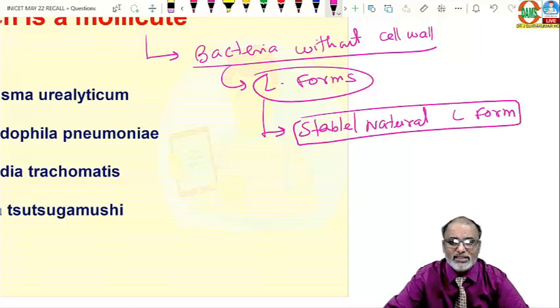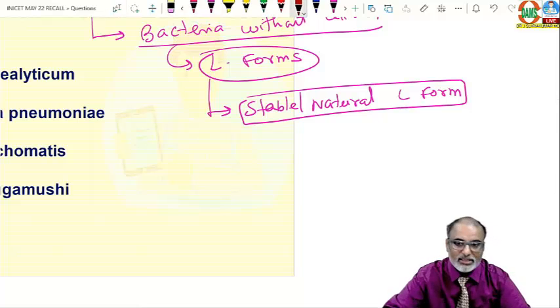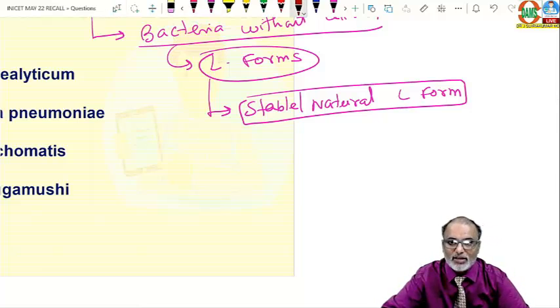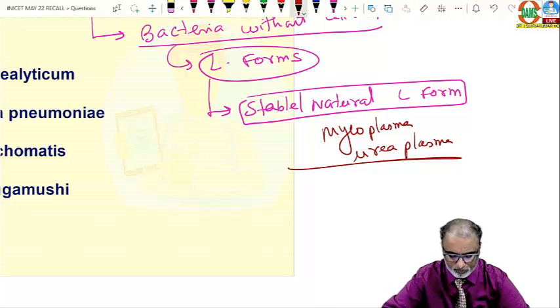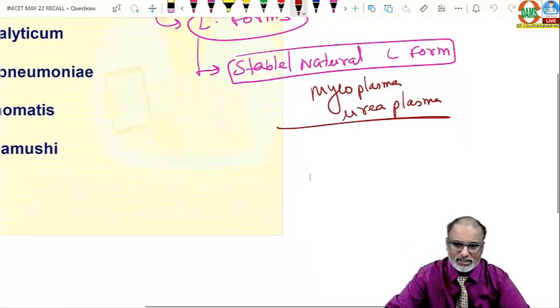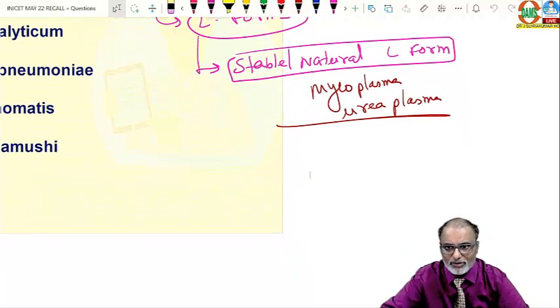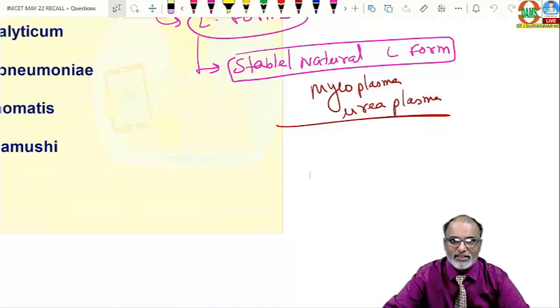Because they are devoid of cell wall, permanently there is no cell wall. Naturally without cell wall. Classical examples, you are aware of, mycoplasma, ureaplasma. These we call stable L forms. Apart from that, we have another type of L form.